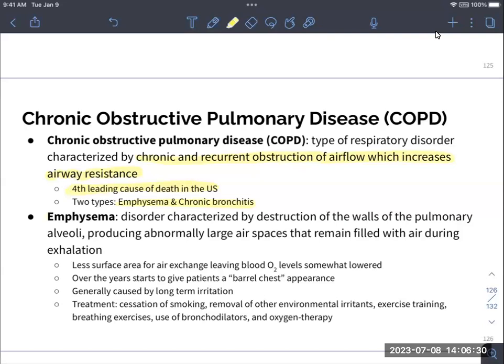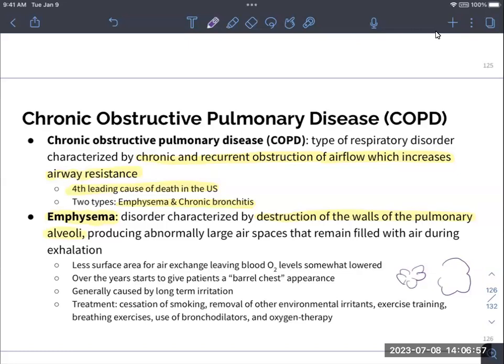So emphysema, destruction of the walls of those alveoli. They used to have that nice little grape appearance that I was mentioning. What happens is the walls get destroyed. So now those many different alveoli turn into one large one.